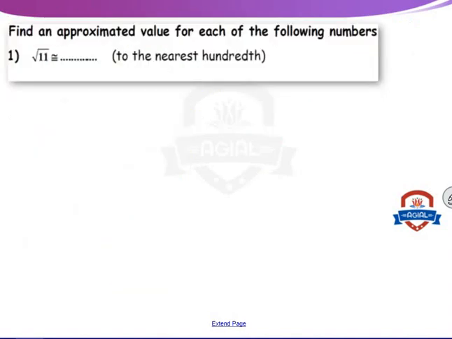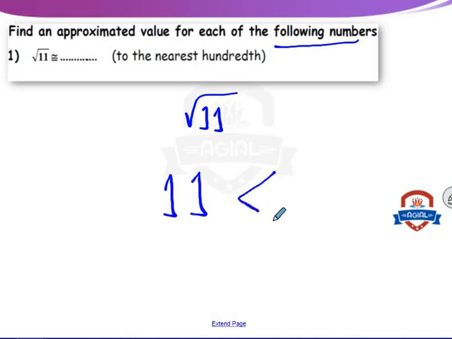Okay, the next question. Find the approximated value for each of the following numbers. The square root of 11 approximated to the nearest hundredths. First, if I need to find the approximate value, we put 11 in between two square root numbers.